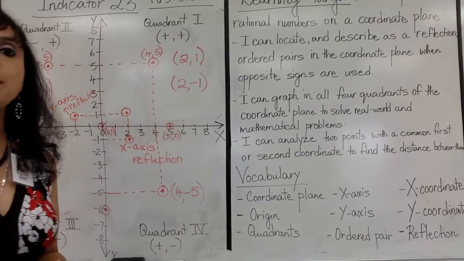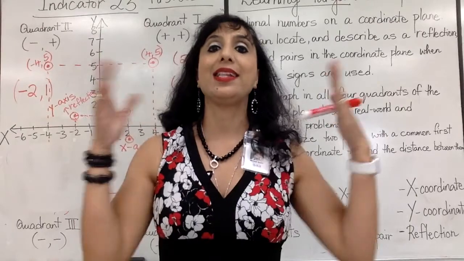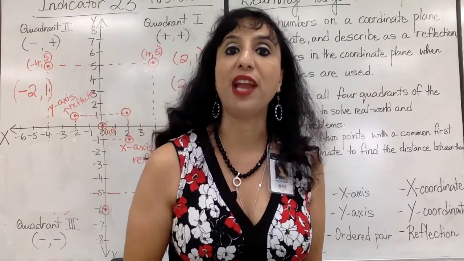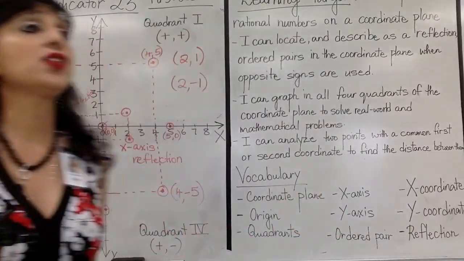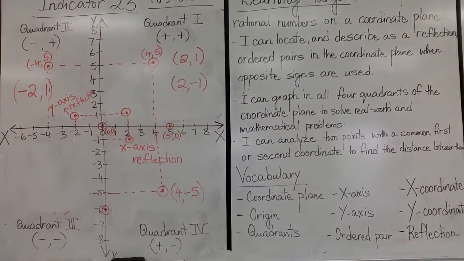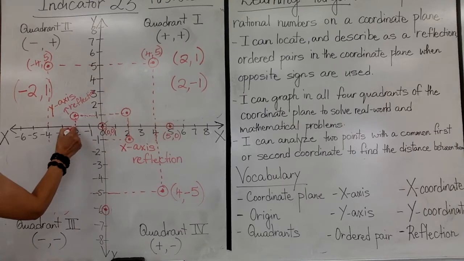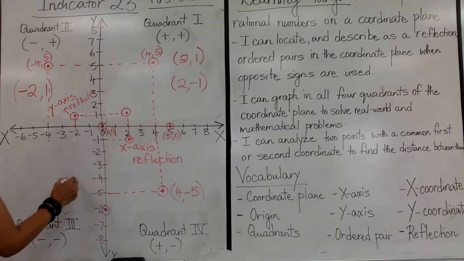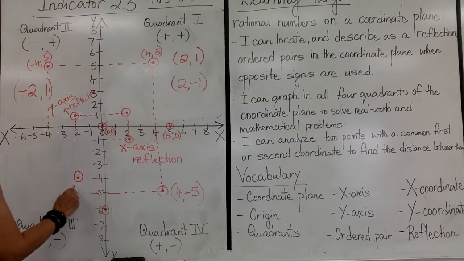All right, so it has to look the same thing on both sides at the same distance, and that's what reflection is. Okay, so let's say I give you a -2, -4. So -2, I look on over here first, and then I go down y. So this is -2, -4.